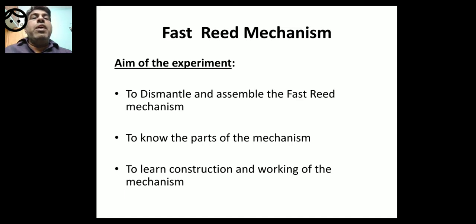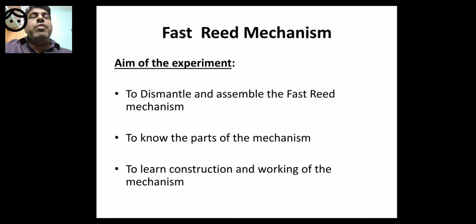And after that we have seen beat up mechanism. Beat up mechanism is a mechanism which is used for beating up of the last laid weft or just laid weft into the fell of the cloth. The pick that is inserted by the picking mechanism is beaten up by the beat up mechanism.